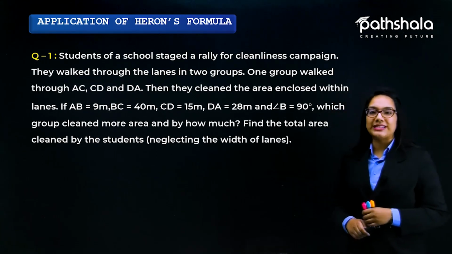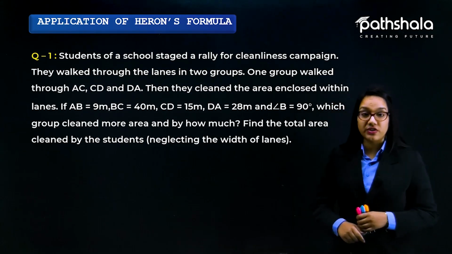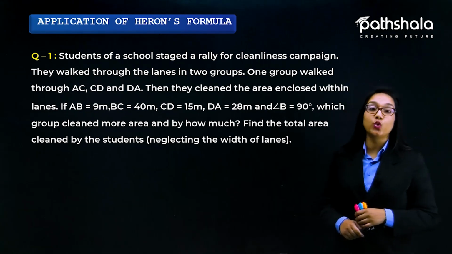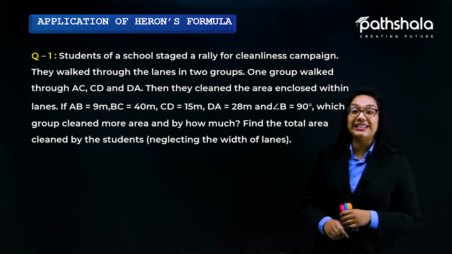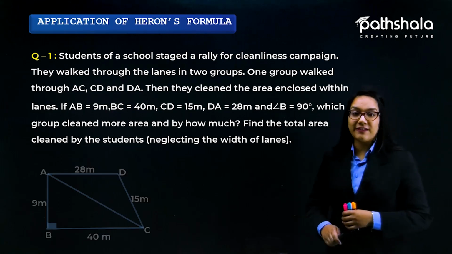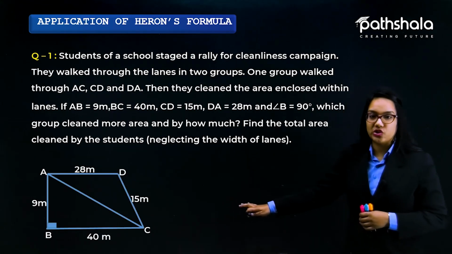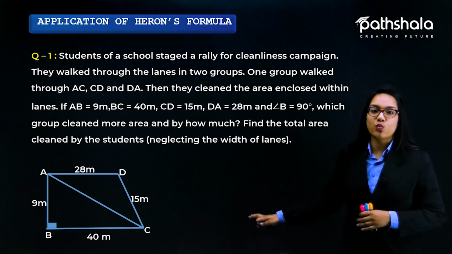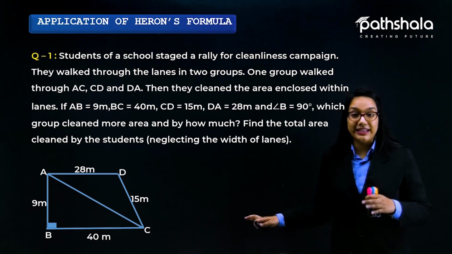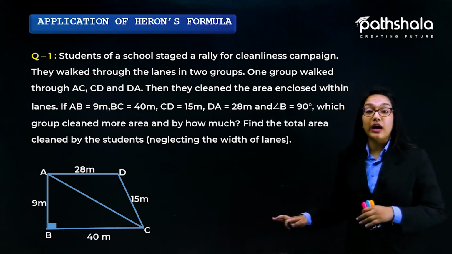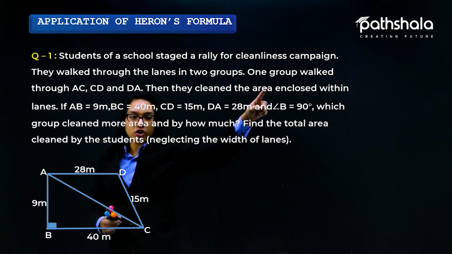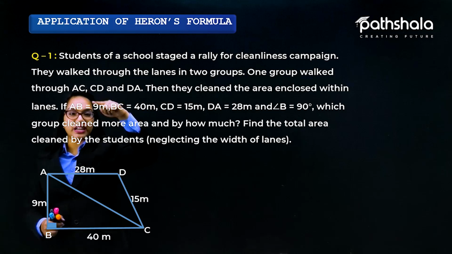Question number 1 says, the students of a school staged a rally for a cleanliness campaign. They walked through the lanes in two groups. One group walked through AC, CD, and DA. As you can see, we have this particular figure related to this.